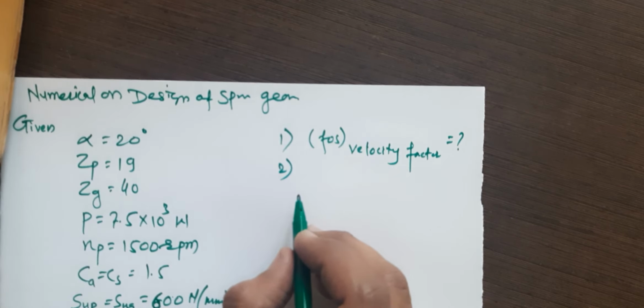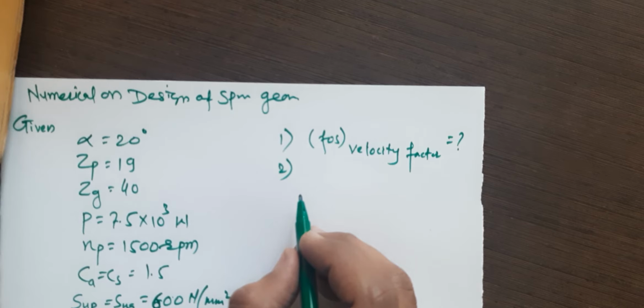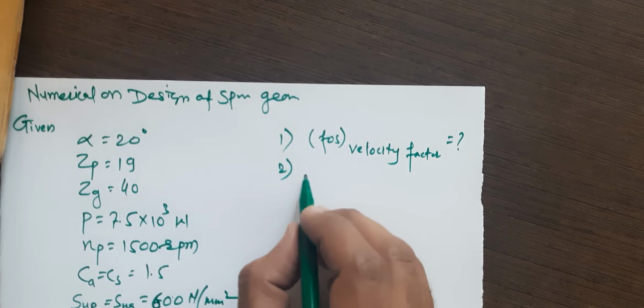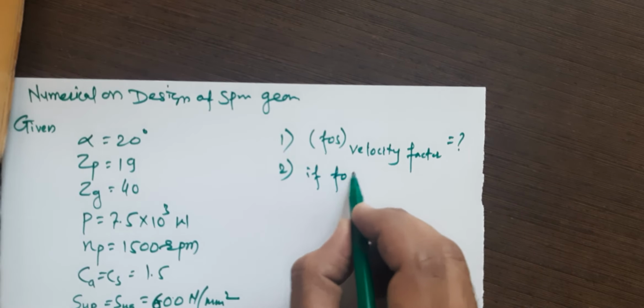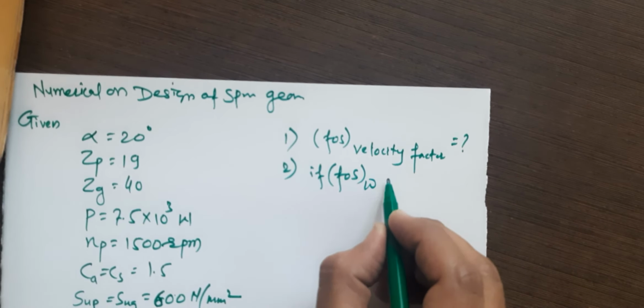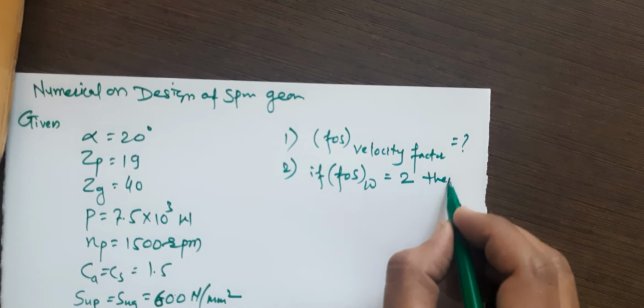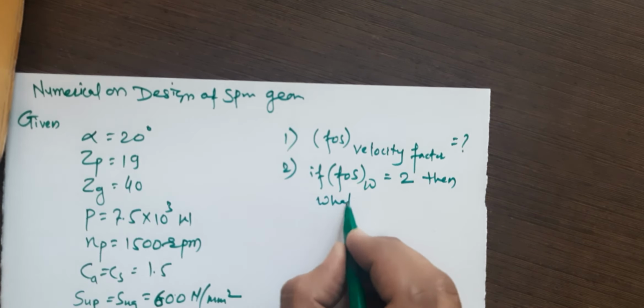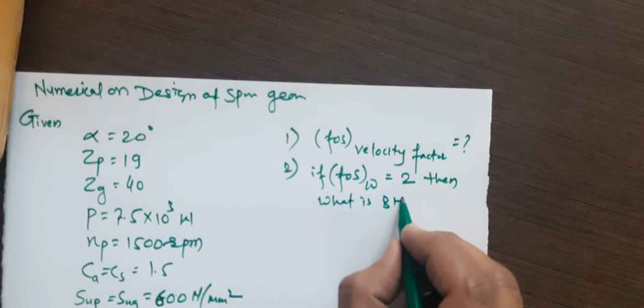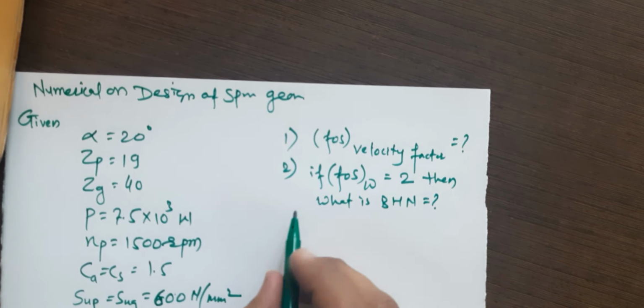Number 2, if the factor of safety is 2 for pitting failure, recommend surface hardness for the gears. So if the factor of safety against wear or pitting is 2, then what is BHN? You need to calculate BHN.